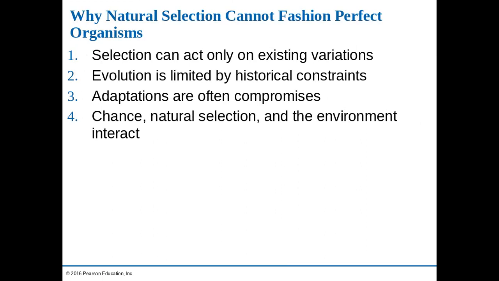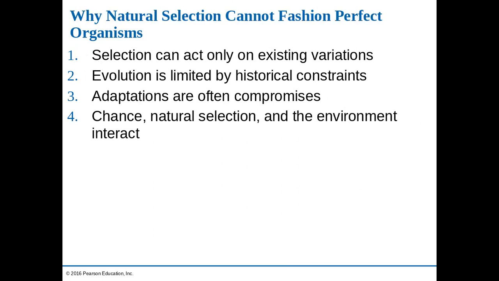So once again, as a reminder, natural selection cannot fashion a perfect organism. It can only act on existing variations. Evolution is limited by historical constraints, meaning that it is based on the environment at that time. But should the environment change, the perfect organism would then have to change.